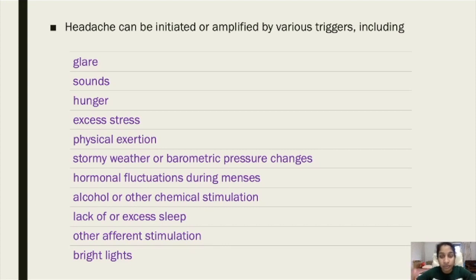Common triggers are glare, sounds, hunger, excess stress, physical exertion, weather change or barometric pressure changes, hormonal fluctuation during menstruation or ovulation, alcohol or other chemical stimulation, lack of sleep or excess sleep, other stimulations, and bright light.